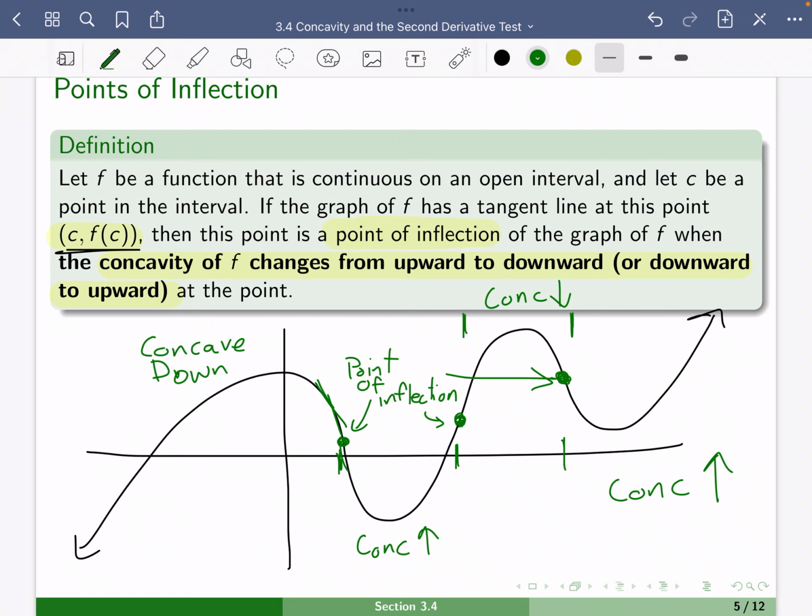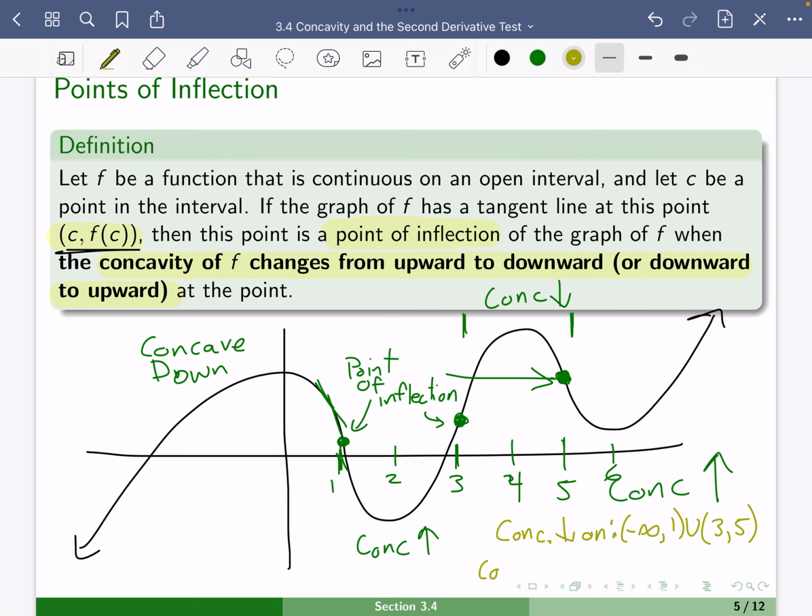So these 3 points that we've identified on this graph are points where it's changing concavity. Those are our points of inflection. Let's give these some numbers. If I call this 1 and 2 and 3, maybe this is 4 and 5 and 6. We could say that our graph is concave down on the interval from negative infinity up to 1, along with 3 to 5.